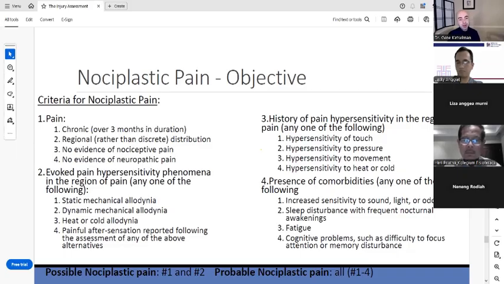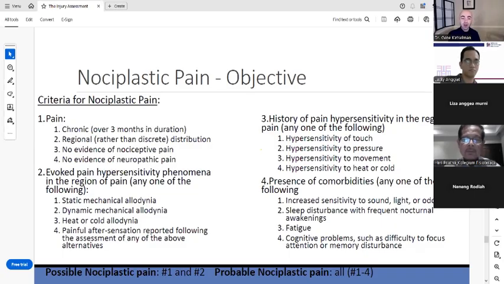So then the second category is evoked pain hypersensitivity in the region of the pain. So static or dynamic allodynia, meaning that a posture or a movement or a load that you wouldn't expect to cause pain does cause pain. Also, heat or cold that shouldn't cause pain is causing pain.